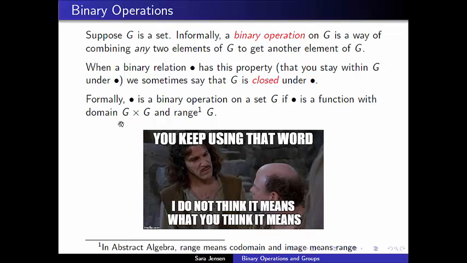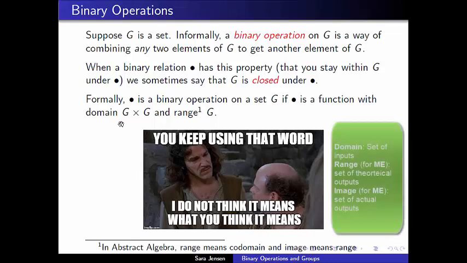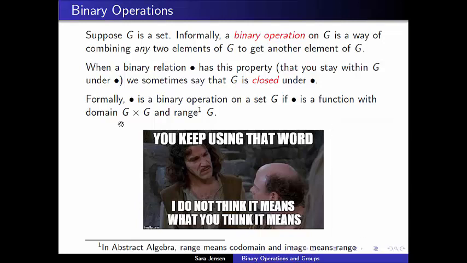And so typically the word that we use for the set of theoretical outputs would be codomain, and the set of actual outputs would be called the range. That's a set theoretic way to think about it. However, when we move into abstract algebra, it's more common to see the set of theoretical outputs be denoted by the range, and the set of actual outputs be called the image of the function, and I tend to use that vernacular throughout abstract algebra.